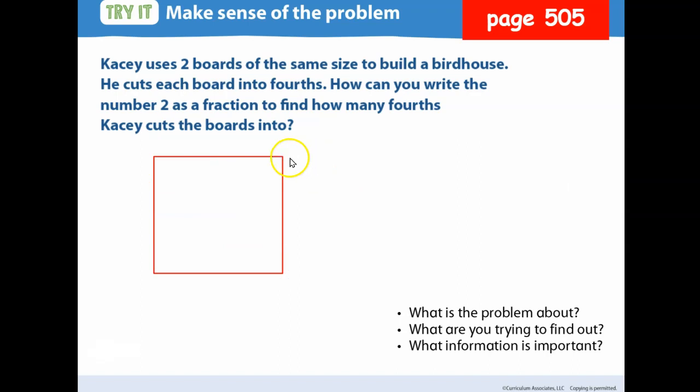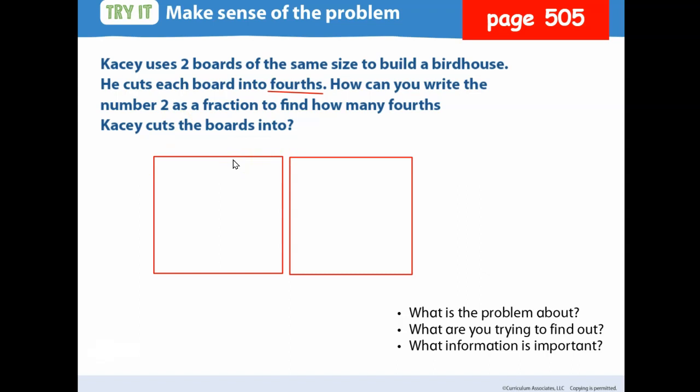So here are her 2 boards, and she cuts them into how many? Fourths. Each one of them into fourths, right? So how many sections am I going to need? 4 of them.